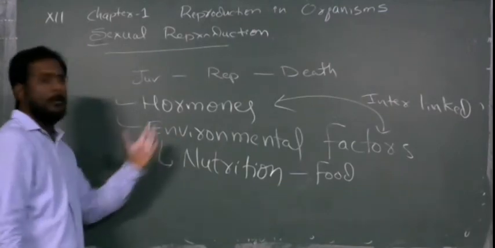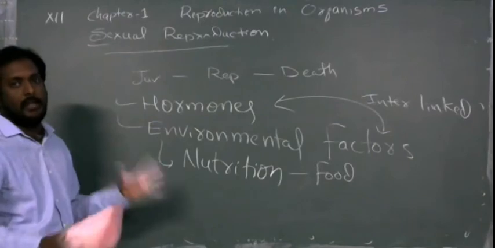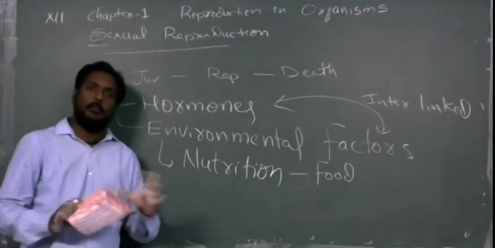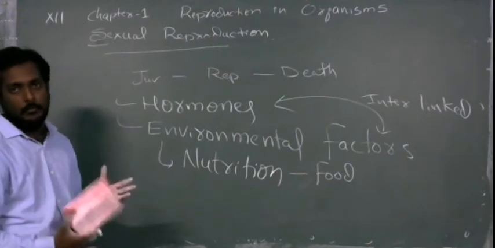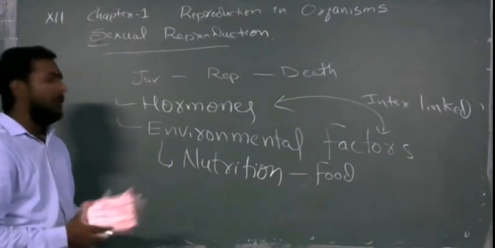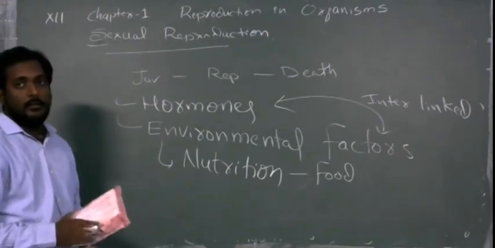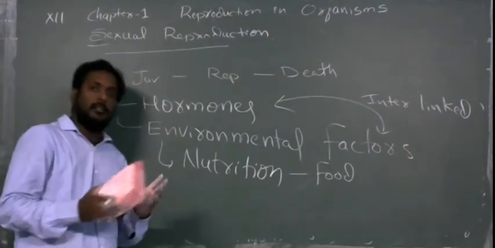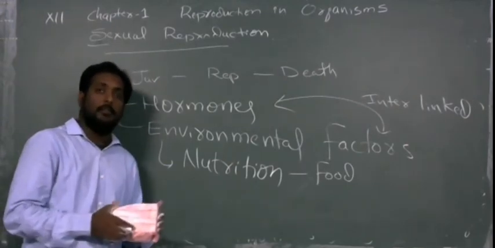If you see in a human population or in animals, all will not grow in the same way or in the same sizes. Even in a family, in animals and human beings also, the babies will not all grow properly. Some will have diseases, some will be active. Some babies' growth will be good, they will be good in height, some will not.